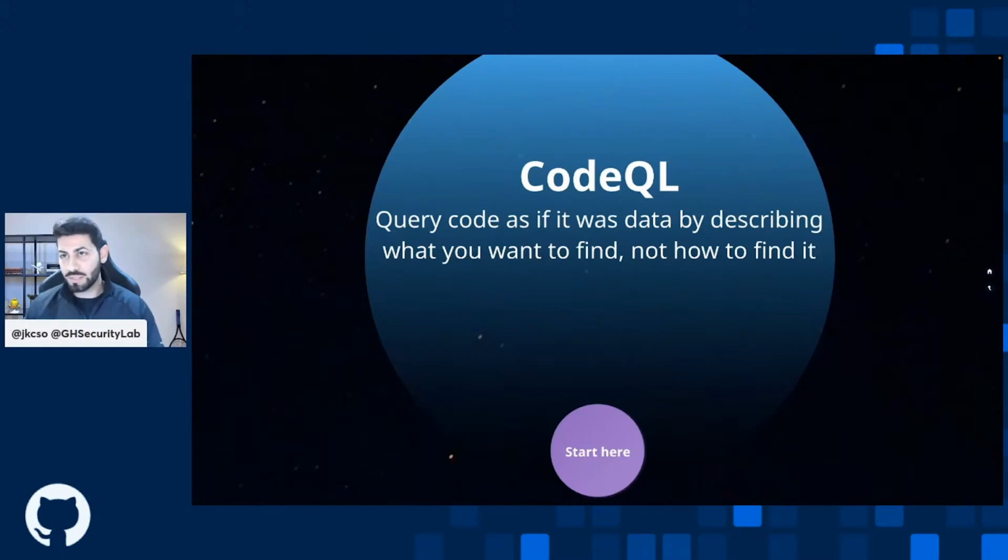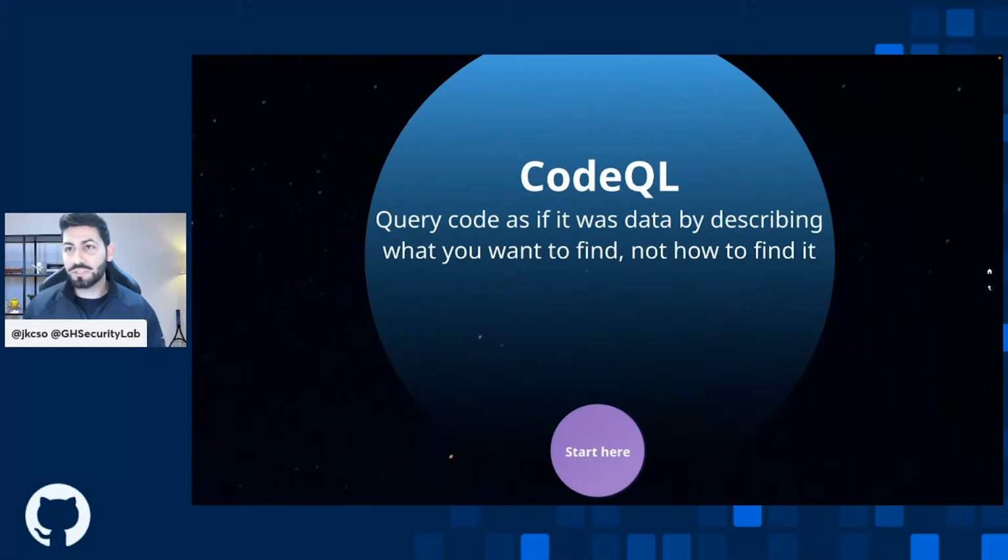CodeQL is object-oriented, taking advantage of features such as encapsulation and inheritance composition. However, as a total beginner myself a few weeks ago, the feature I found the most useful to get started with was the existence of a rich set of standard libraries with reusable logic that made it quicker for me to be productive. For example, there are templates to use, like the one for data flow analysis that we are going to see in our demo.